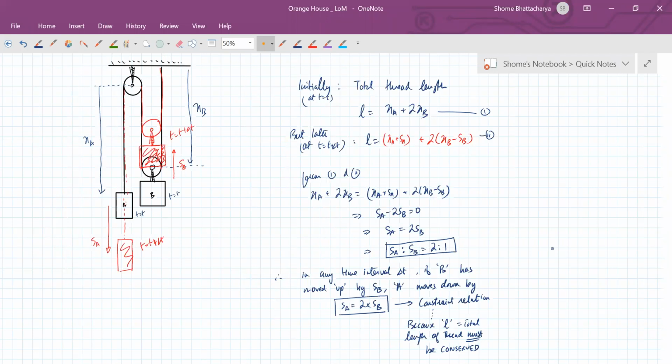So the other thing one has to pay attention to here is that block B का जितना भी displacement हो रहा है, उतना ही displacement आपका thread का भी होगा या pulley का भी होगा. So ये जो pulley यहाँ से यहाँ जा रहा है, ये वाला displacement ही SB होगा. That is the same as the displacement of the block.